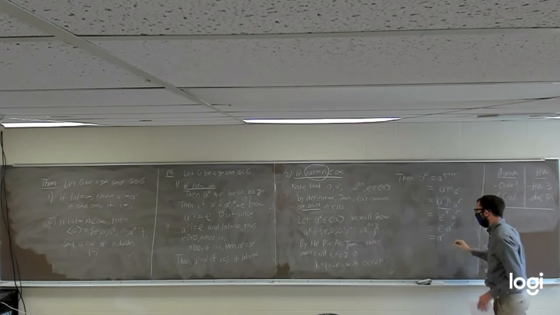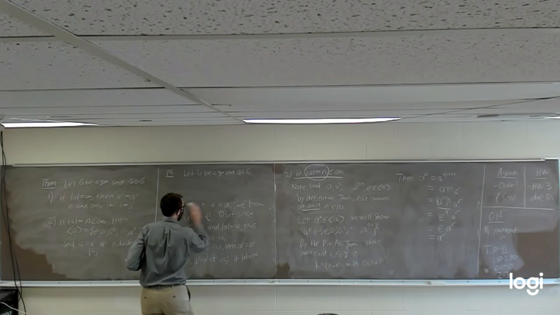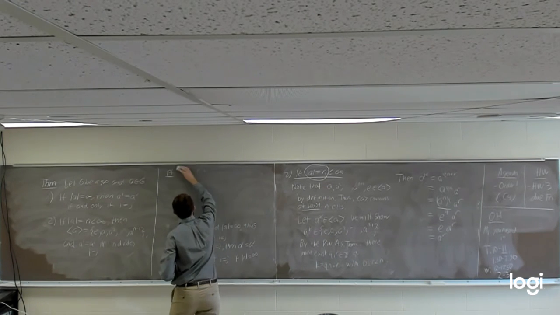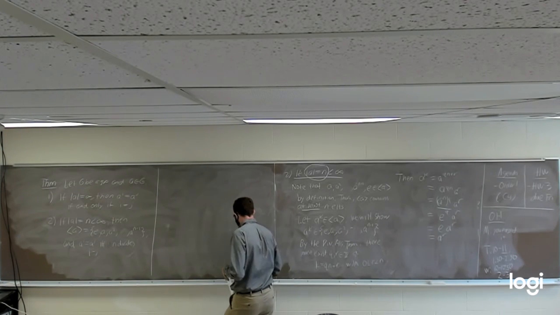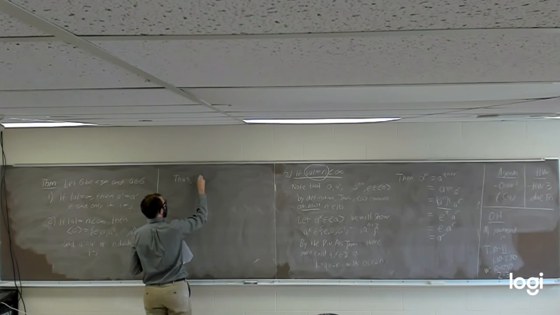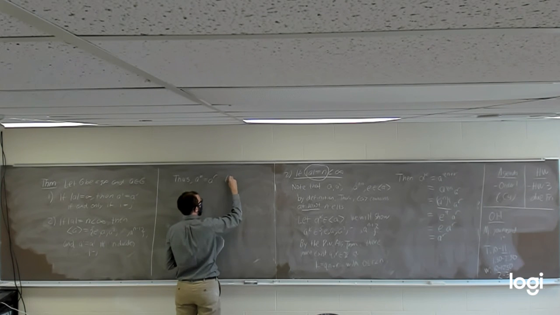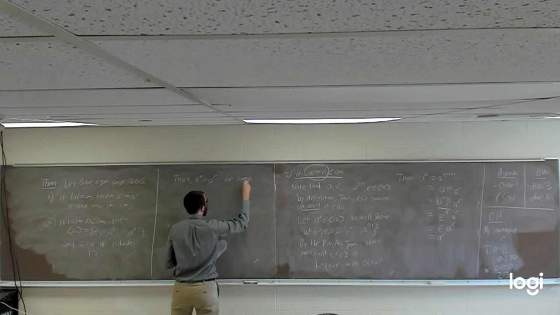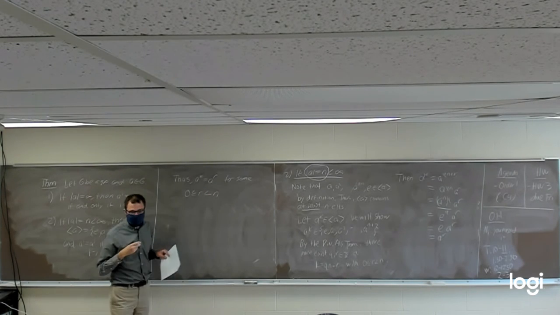Let's write all that down. Go ahead and erase part 1. Thus, A to the K is equal to A to the R for some R that's going to be between 0 and n.